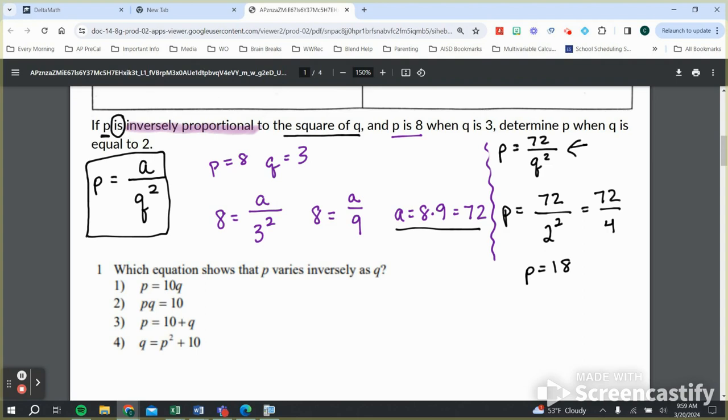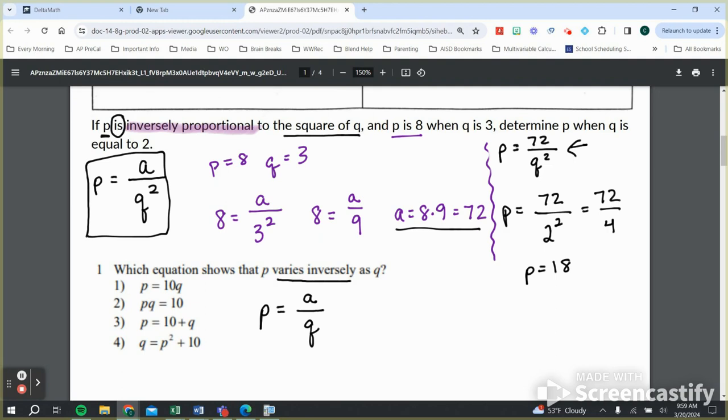Number 1 here, this is a multiple choice question. It says, which equation shows that P varies inversely as Q? So again, P varies inversely, so we know we're going to be dividing a by Q. Well, if we look at what our answer choices are, it looks like there is a 10 for the a.